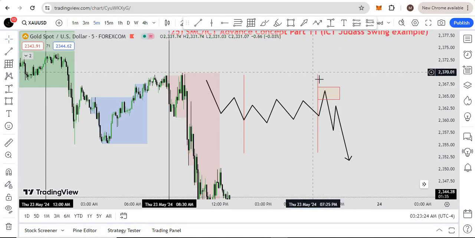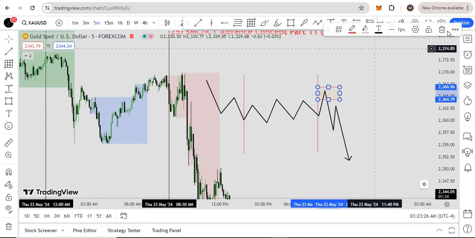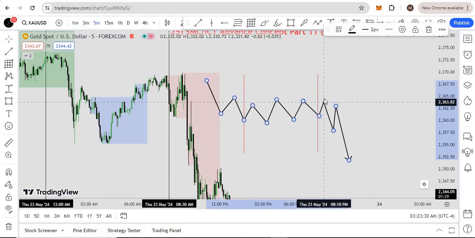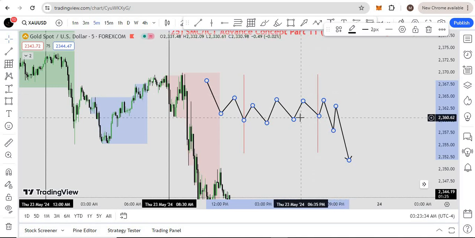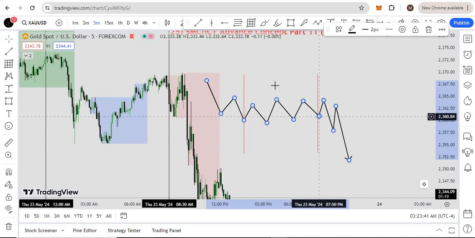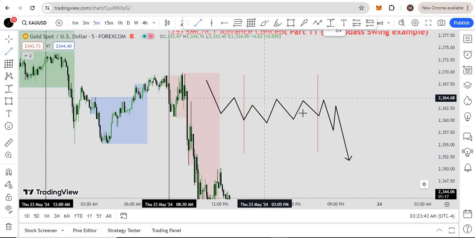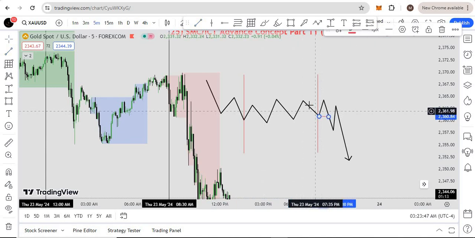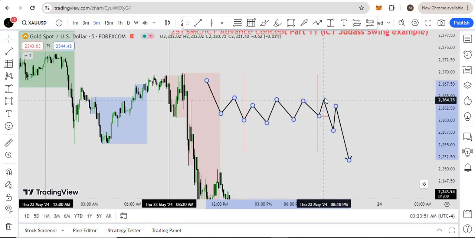Okay, so what if you did not get these things in the market? ICT said, and this is the point you should write down, that if you don't find this type of thing, you will consider the 8:30 opening as a Judas Swing. What does that mean? You will mark out the 8:30, and if there was any swing high or swing low before 8:30, it can be taken out.